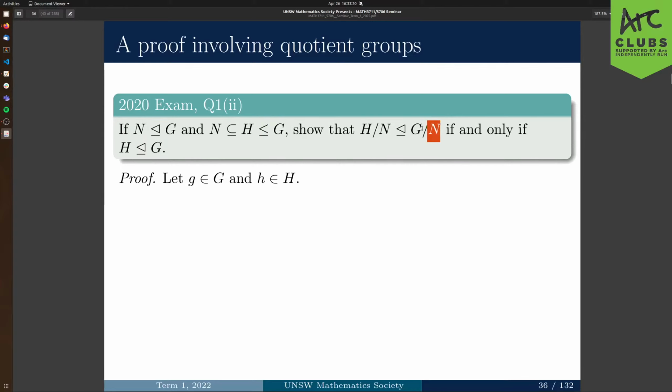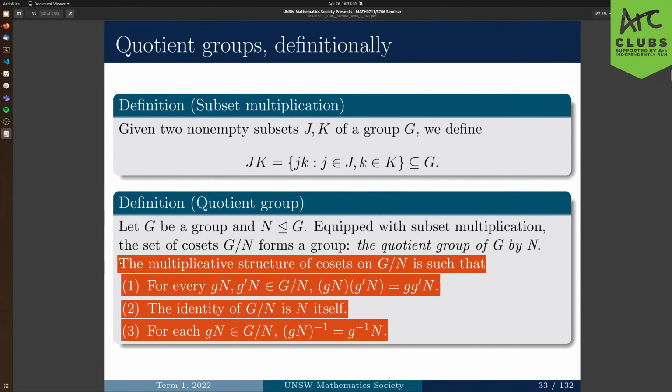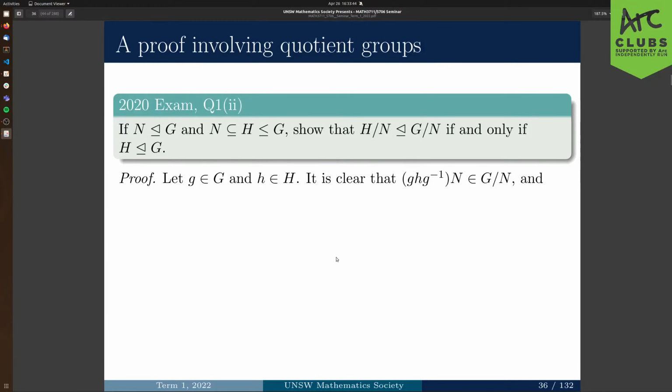So if I look at the coset that is going to be in H over N, then what I'm going to see is that ghg inverse N, if I look at this thing here as my first step, is actually going to be a member of the quotient group G over N. So now I can go back, look at my multiplication structure on this quotient group, and write this nice compact coset as a product of cosets.